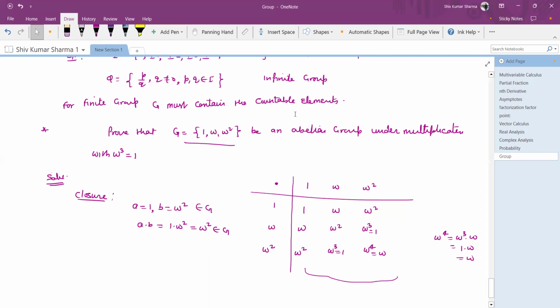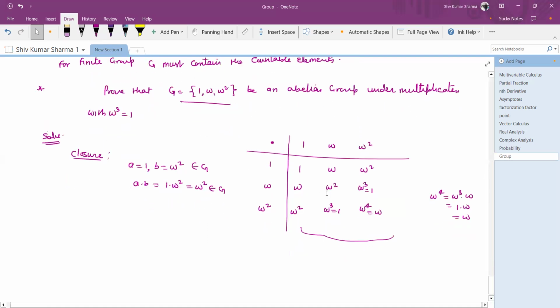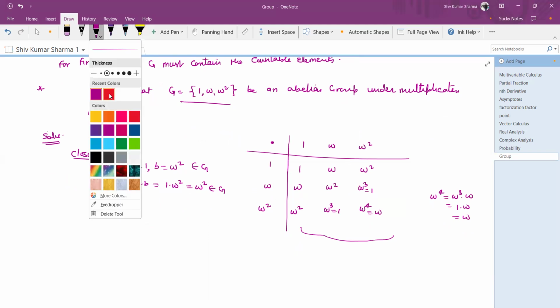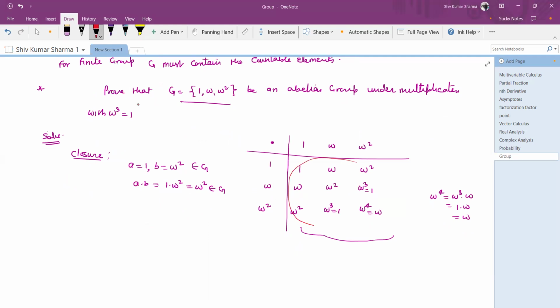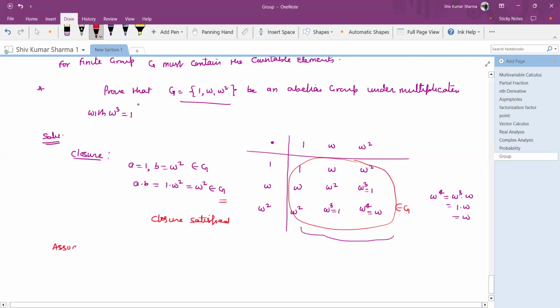As per the composition table, when we do the product of any two elements, it gives an element of the same set. So all the elements also belong to G. So closure property is satisfied for all the elements. Closure satisfied.